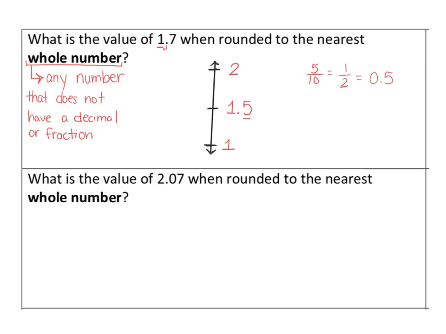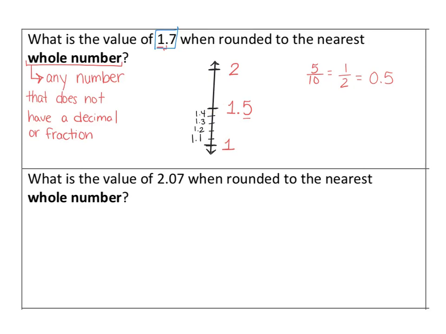So we have 1 7/10. Where on our number line will 1 7/10 be? Just so you can picture it, between 1 and 1.5, we have 1 1/10, 1 2/10, 1 3/10, and 1 4/10. And we have 1.5 here, or 1 5/10.